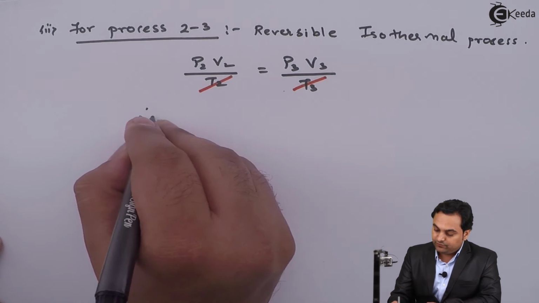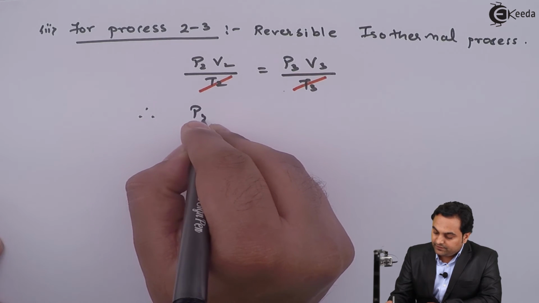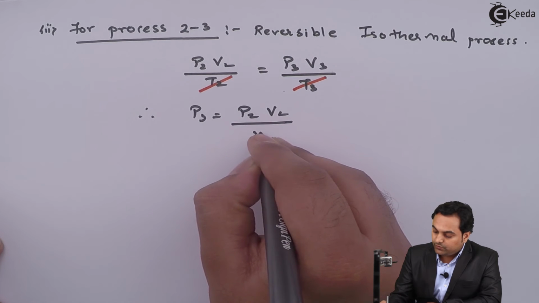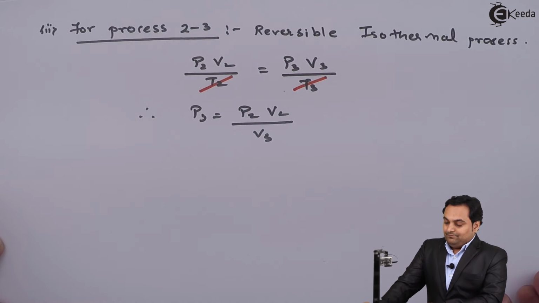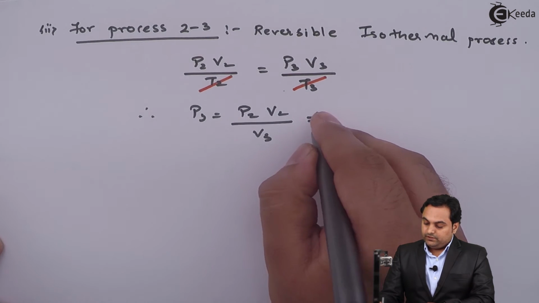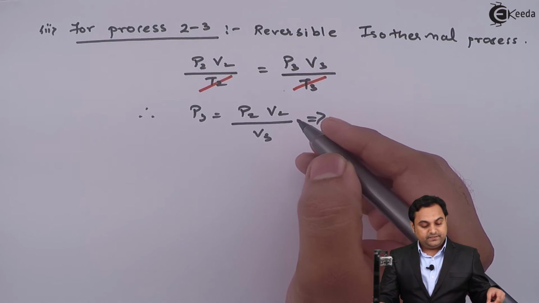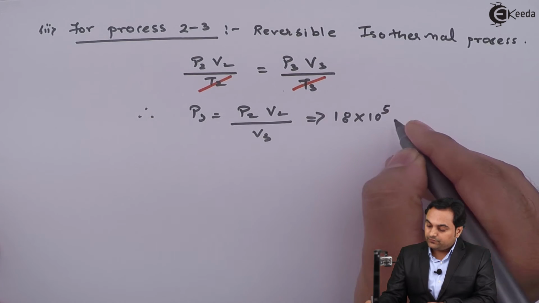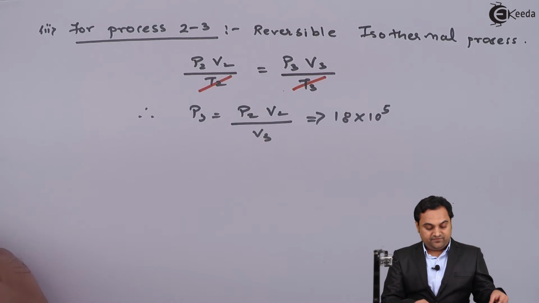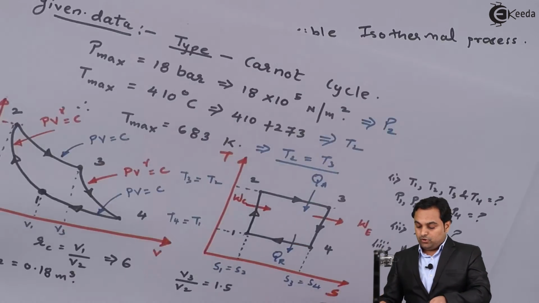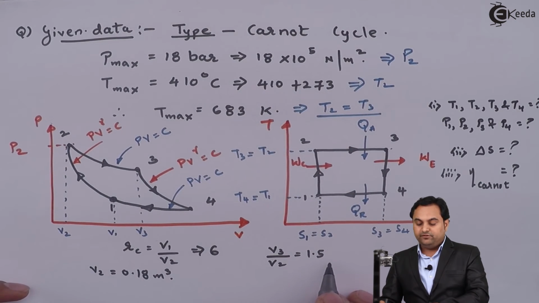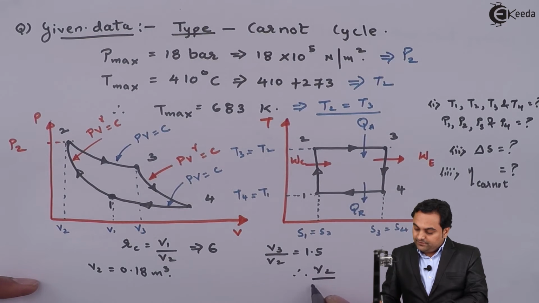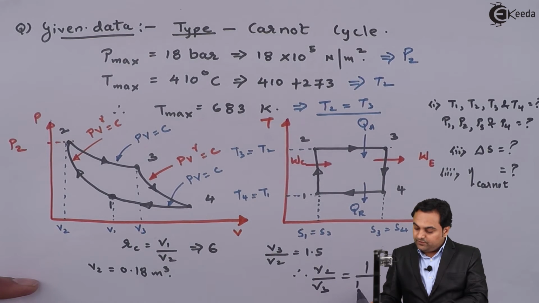So here I'll keep P3 on one side, shift V3 here, so this will be P2 V2 upon V3. Now here the P2 value is 18 into 10 raised to 5 Newton per meter square. Next, in the problem, V3 by V2 is 1.5 and therefore V2 by V3 will be 1 divided by 1.5.